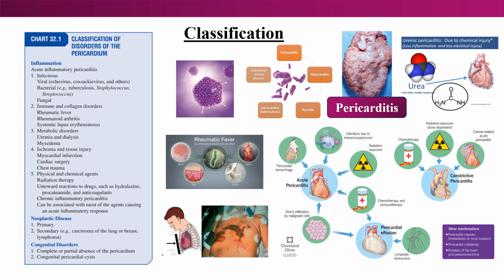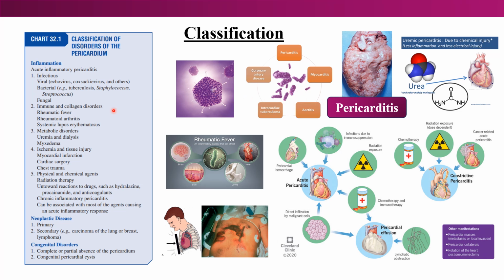Here's Table 32.1 of the chapter, where we can look at the classification of disorders of the pericardium. We have the first aspect, inflammation, which can be subclassified as acute inflammatory pericarditis. 1. Infectious, whether viral, echovirus, Coxsackie virus, and others, bacterial, for example, tuberculosis, staphylococcus, streptococcus, or fungal. 2.